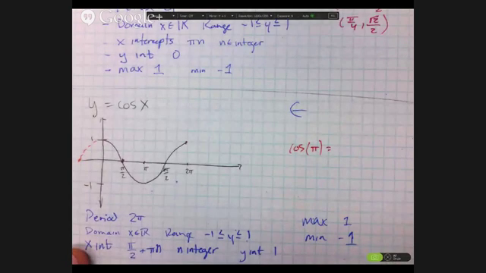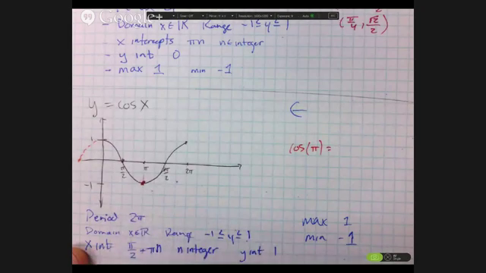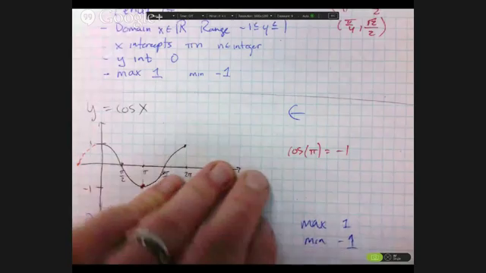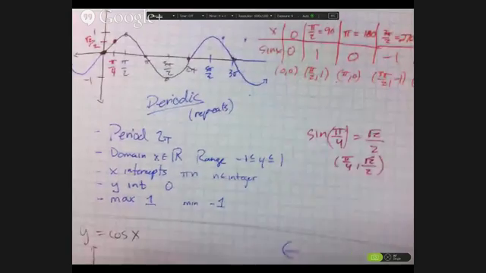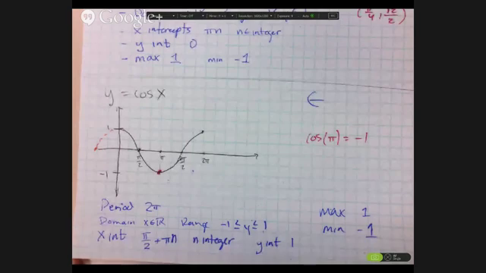Looking at the graph. -1. Okay. All right. How we doing? Cosine pi equals -1.